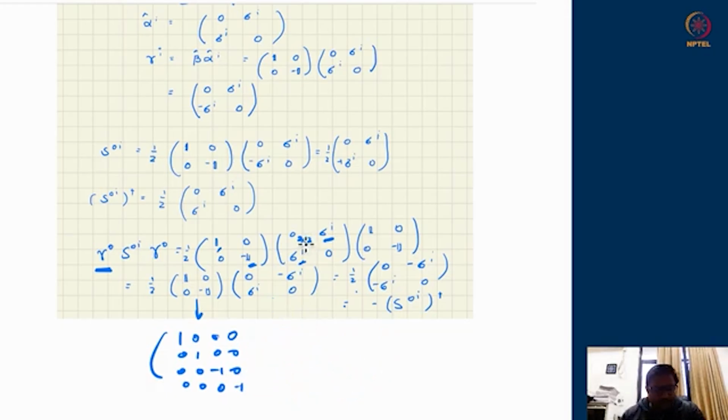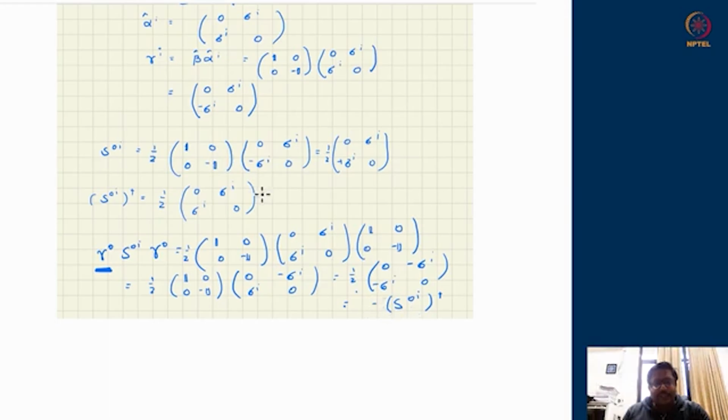If I put gamma 0 from left and right and squeeze S0I with gamma zeros, what I will get is minus sigma I along the anti-diagonals, which is the minus of the dagger itself.